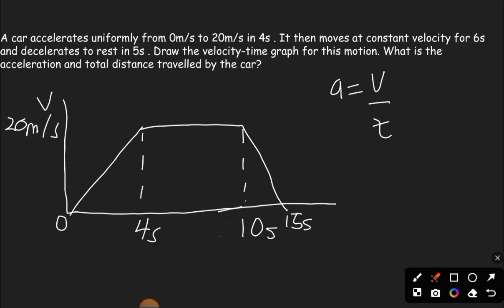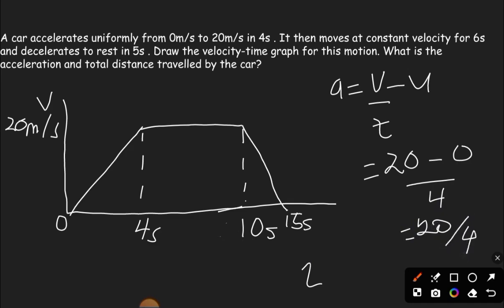So acceleration is final velocity minus initial velocity over time. Our final velocity was 20 minus initial 0 over time. Time is 4. So 20 minus 0 is 20. 20 divided by 4 is given as what? 5 meters per second squared, because that is acceleration.